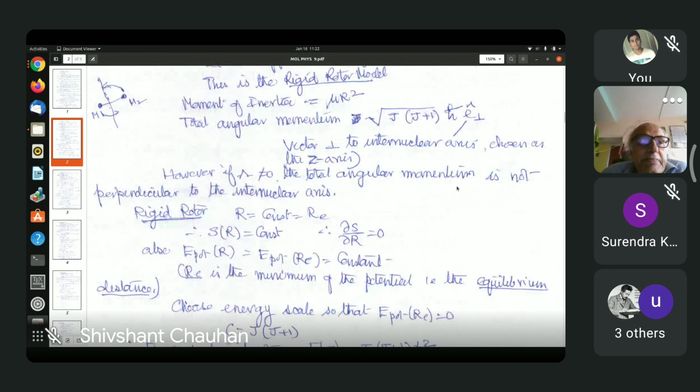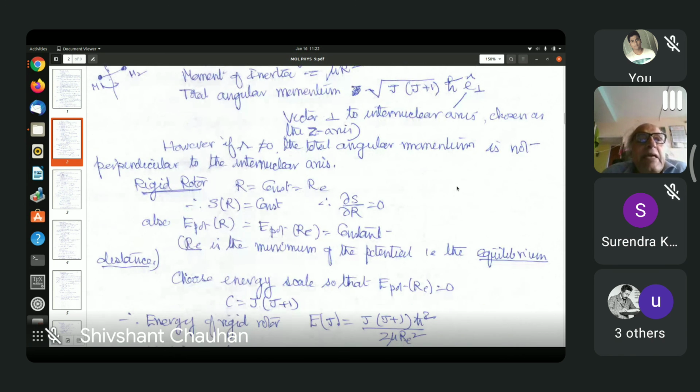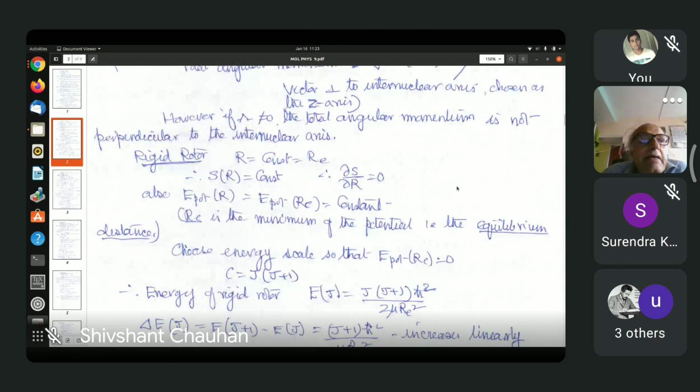We choose this vector as the z-axis, and so we have a constant angular momentum. Now this is true for a sigma state, where there is no contribution to the total angular momentum of the system from the electrons. If the electronic angular momentum is not zero, this is a non-sigma state.